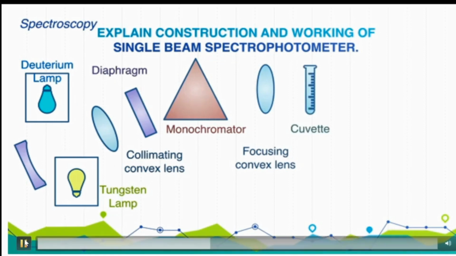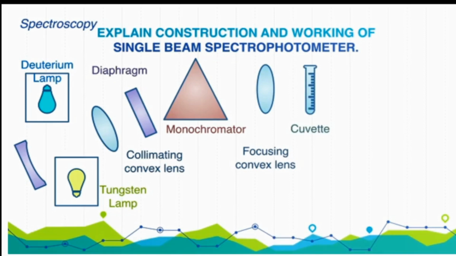For UV light, it should be made of quartz. For visible light, it should be made of glass. And for IR light, it must be made of rock salt, for example, sodium chloride. If the sample is a gas or a volatile liquid having a low boiling point, it must be taken in a closed container. If it is a liquid, one drop of liquid must be placed between two parallel plates of quartz for UV light.